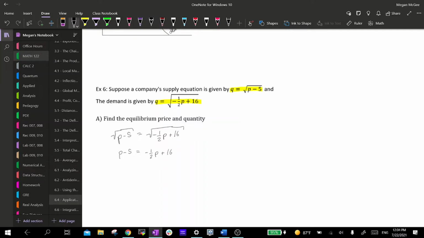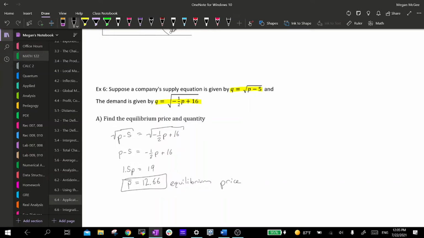Add 5 to both sides, and then add the 1/2 p to both sides, and we get 1½ p is equal to 19. Then we can divide by 1.5 to get p is equal to 12.66. And this is our equilibrium price.